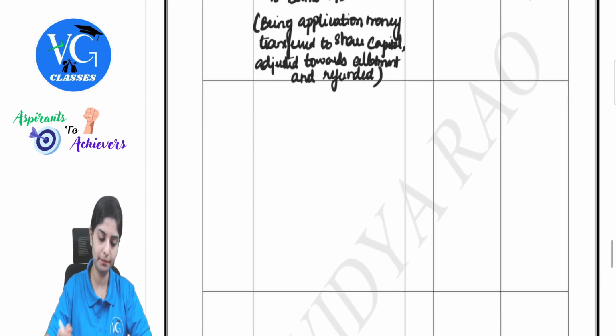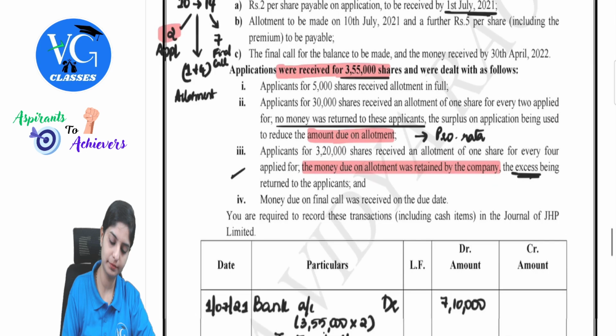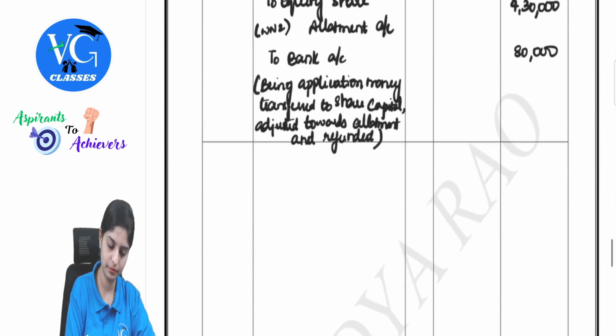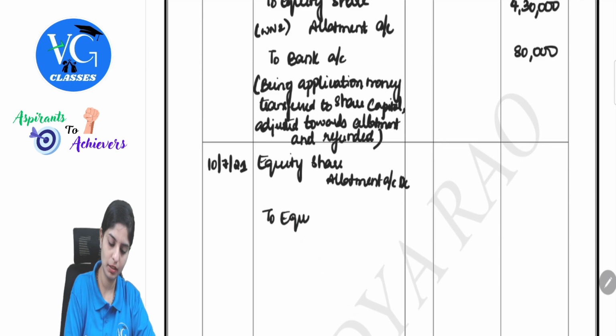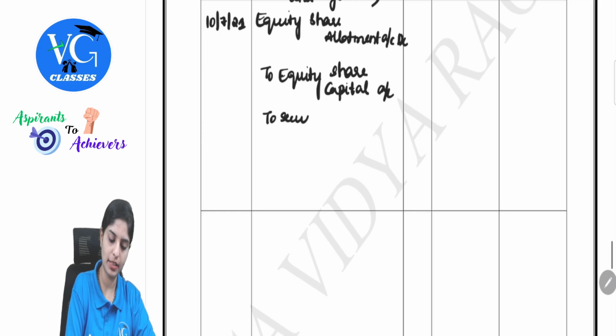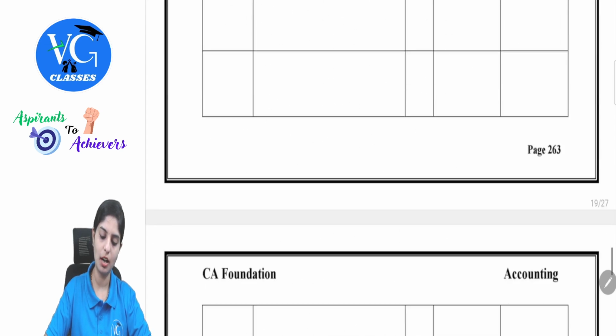Next will be allotment. This is happening, allotment to be made on 10th July 21. So equity share allotment account debit. Remember there is a premium. To equity share capital account, to securities premium account. How much was allotted?